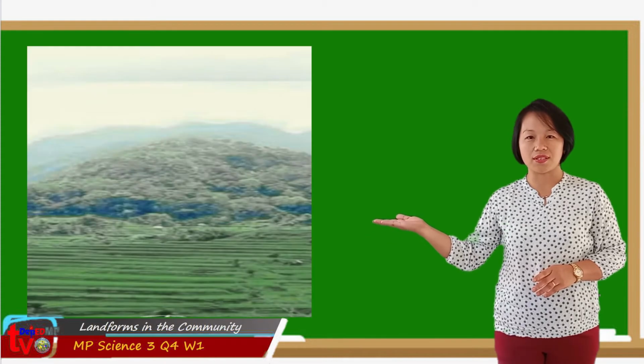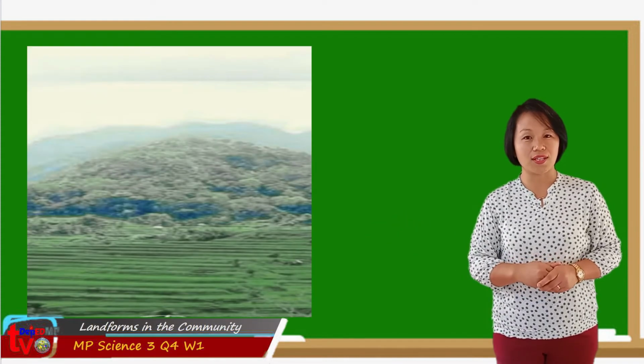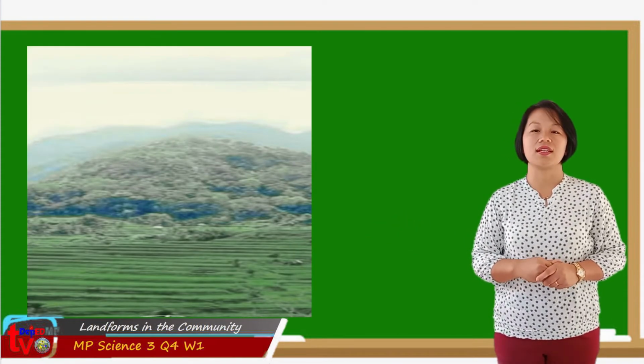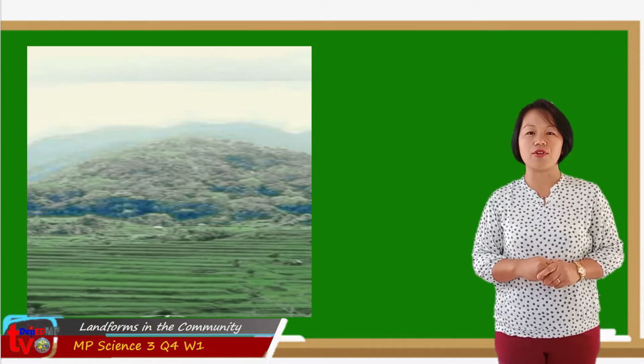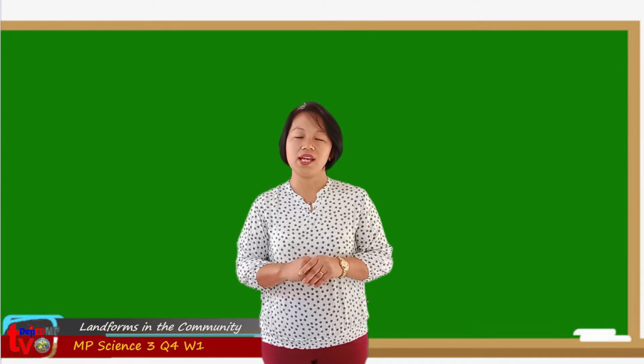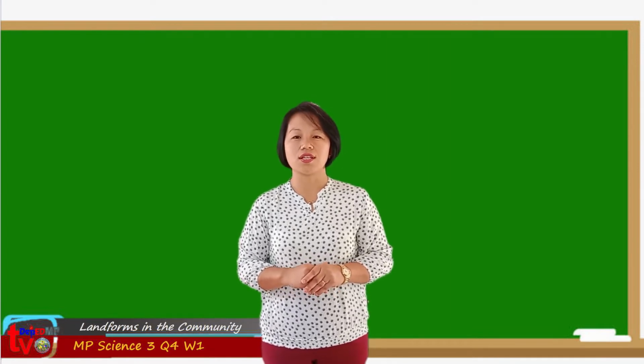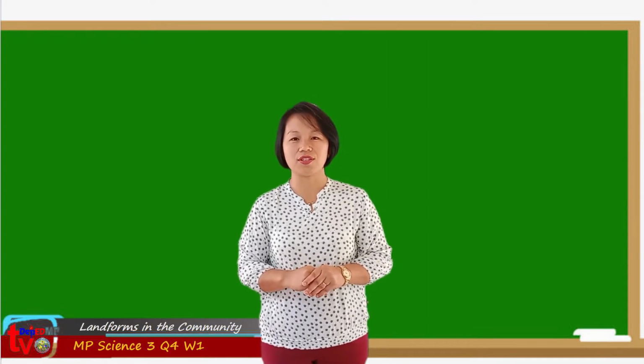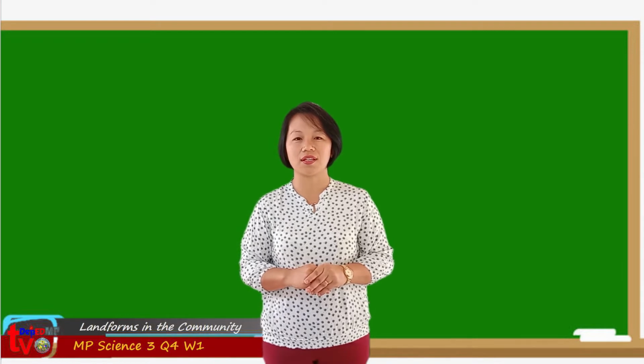Look at the picture. What can you say about it? This shows a landform which we see in our surrounding. Now, listen carefully as we go through our discussion on landforms.